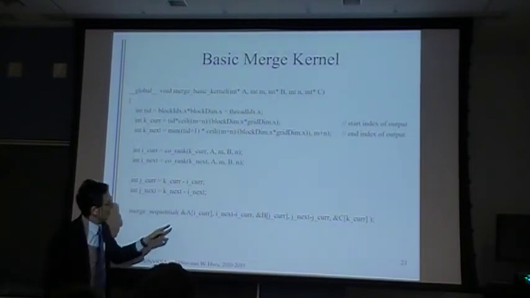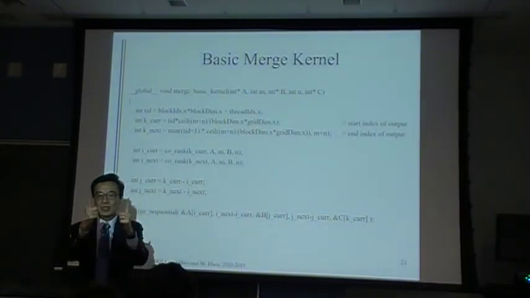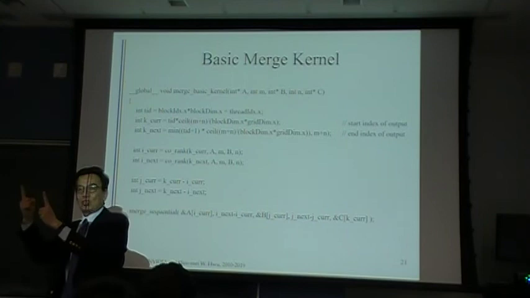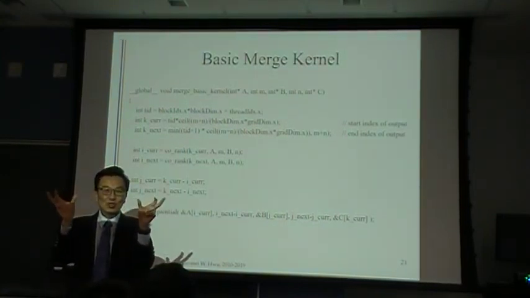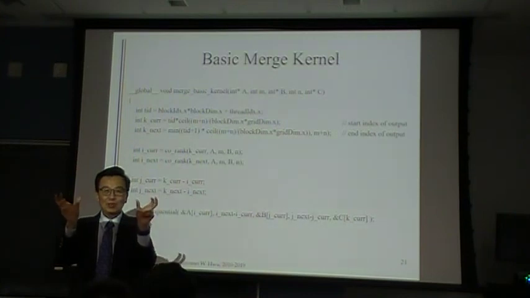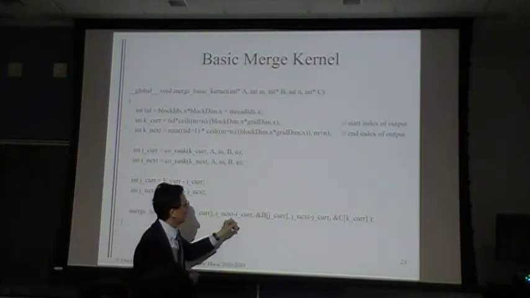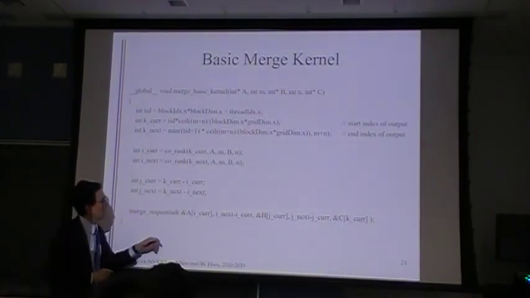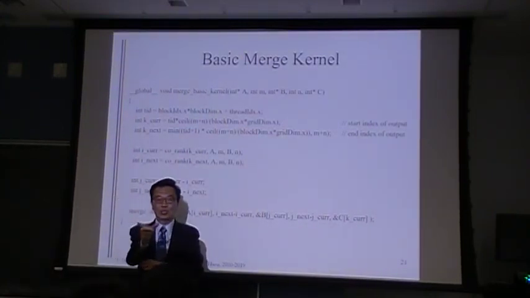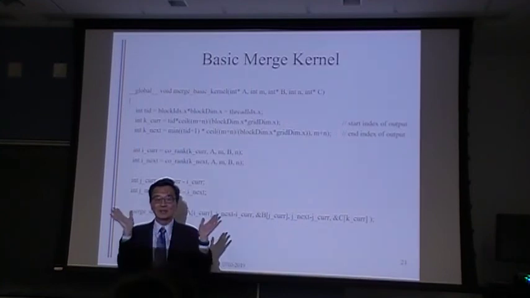And then you can just take your little section of A and the little section of B and do a merge. Okay, just do a sequential merge, right? So this is the sequential merge function, and then you write into that little section of your C, and that's it.